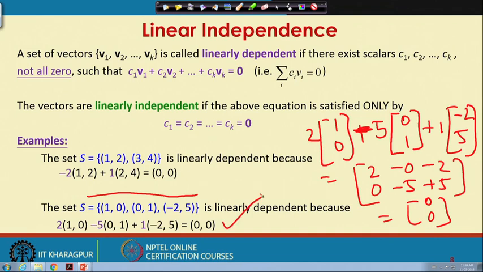So, this set of vectors is also linearly dependent.